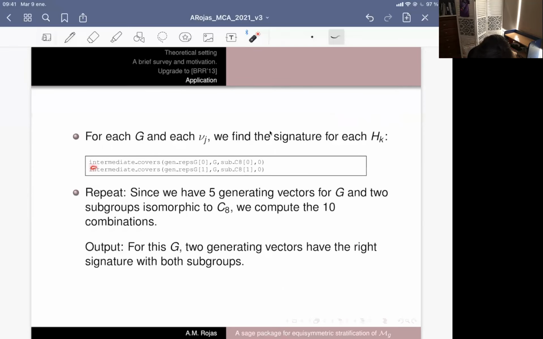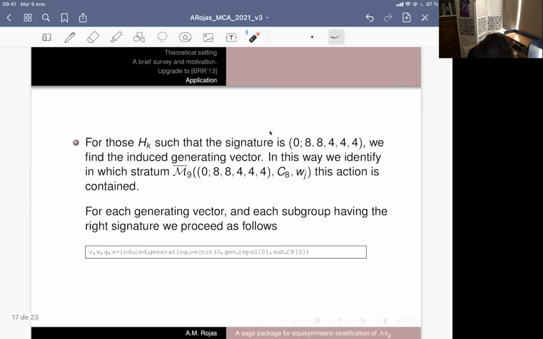First of all, we compute the signature, as I showed you before, in order to identify which generating vectors have the right signature when you restrict to the CH that G has inside, and you have to do that for each G containing CH. So that is the routine.